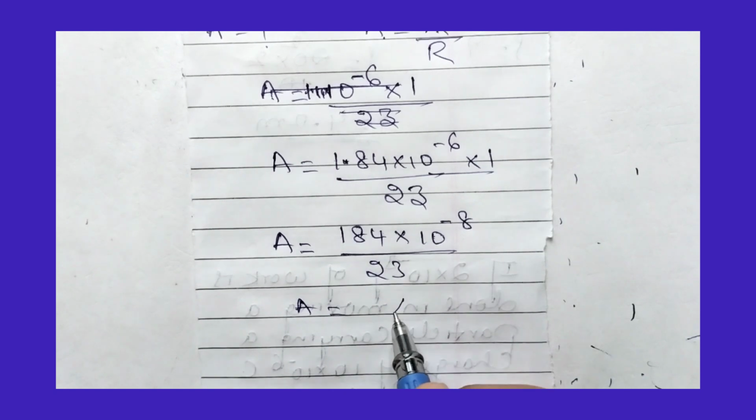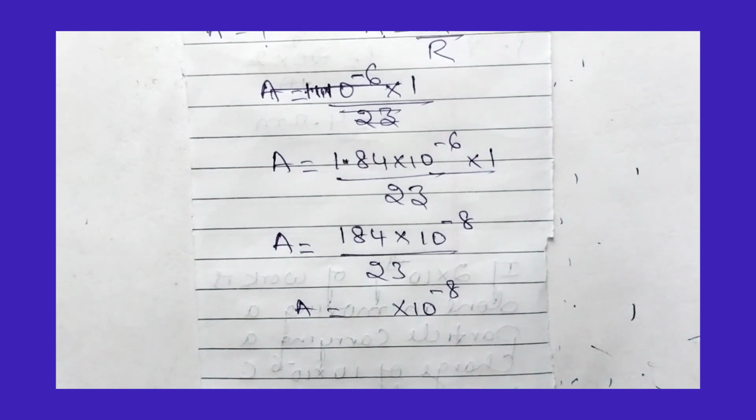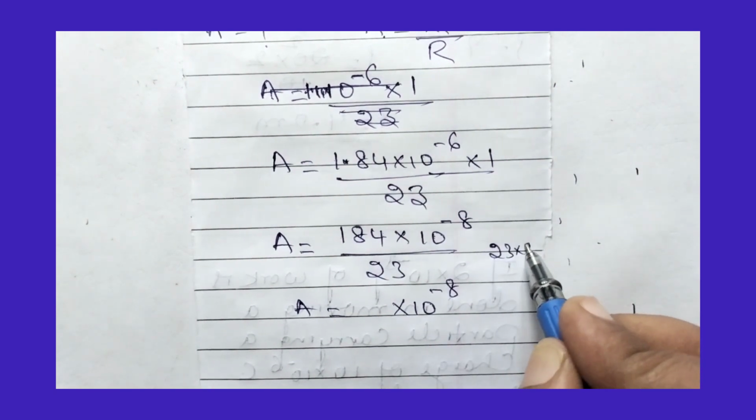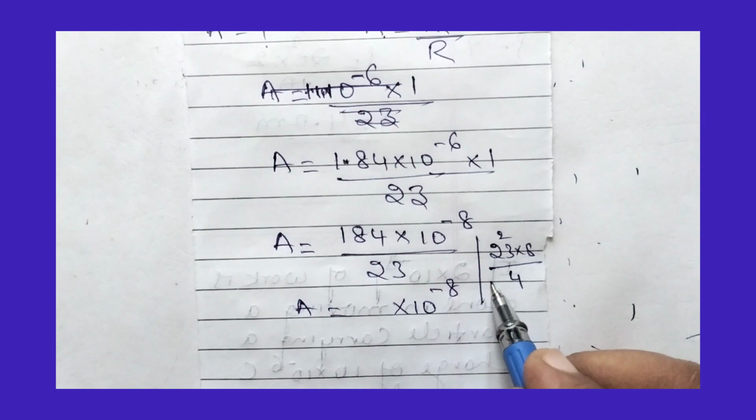So that is equal to 10 to the power of minus 8 into, now let us divide 184 by 23. So 23 into 8: 8 fours are 32, 8 threes are 24, 8 twos are 16 plus 2 is 18.